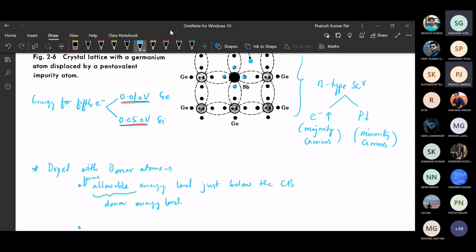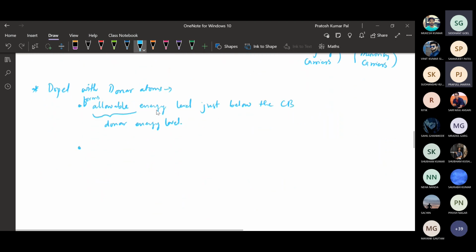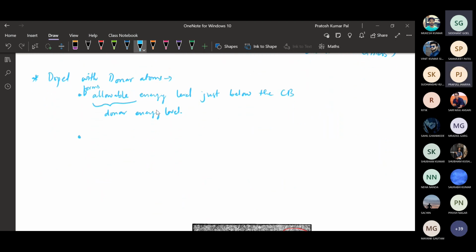Suppose another Sb atom will be here, forming a covalent bond with four different germanium atoms. So the distance between the Sb atoms is far apart, so the donor energy level that is formed will be discrete in nature.